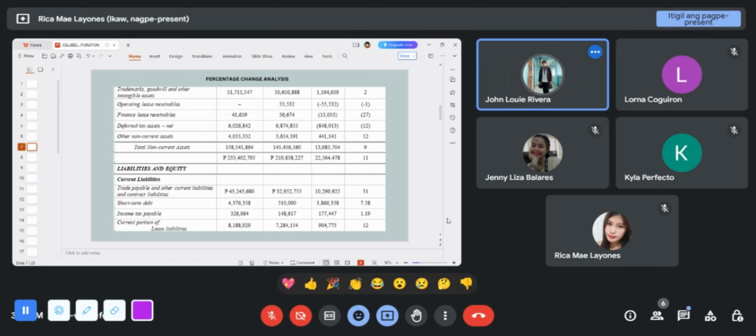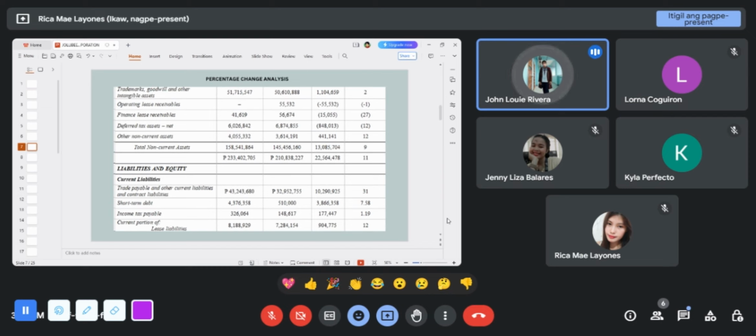Liabilities and equities. Current liabilities. Trade payables and other current liabilities and contract liabilities, amount 10,290,925, increased by 31. Short-term debt, amount 3,866,358, decreased by 7.58.